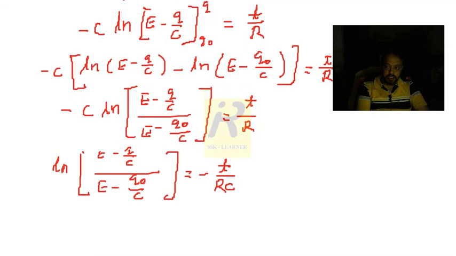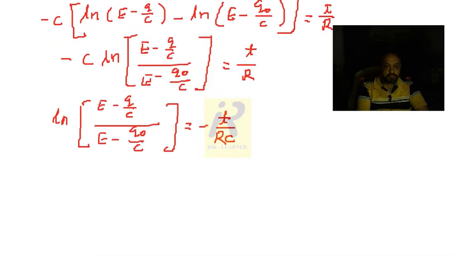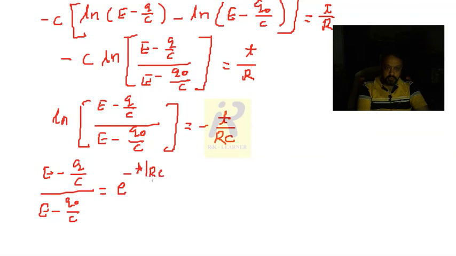And basically we know the definition of how we can write these terms. So natural log of the quantity equals minus t divided by RC. I can write (E minus Q divided by C) whole divided by (E minus Q0 divided by C) equals e power minus t by RC.